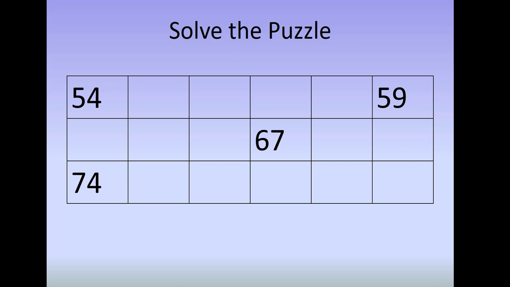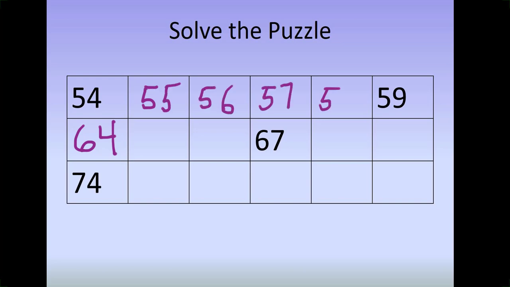Okay, we're back now. On this puzzle, we see that it starts with 54, and then going down, it skips a space, and then we have 74. So we can conclude that 64 is right there. And we see that in the top row, it starts with 54 and ends in 59. We can just count across to solve the puzzle.